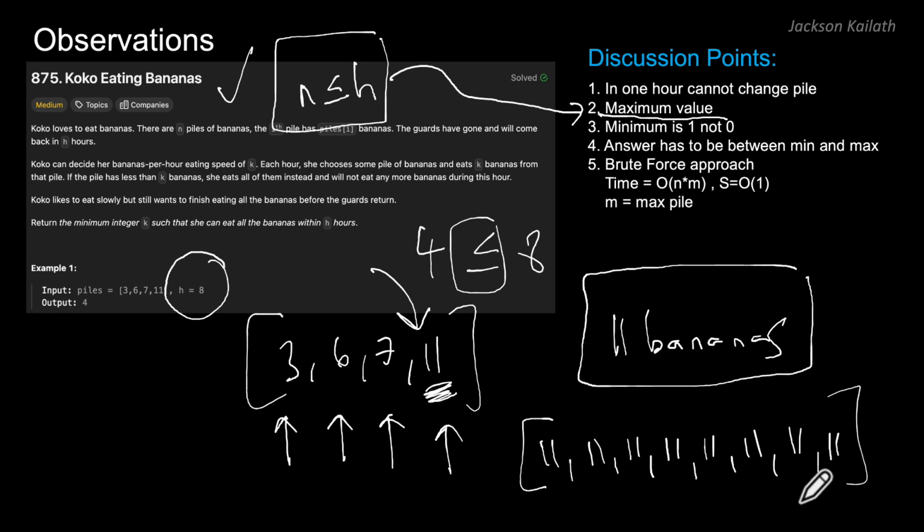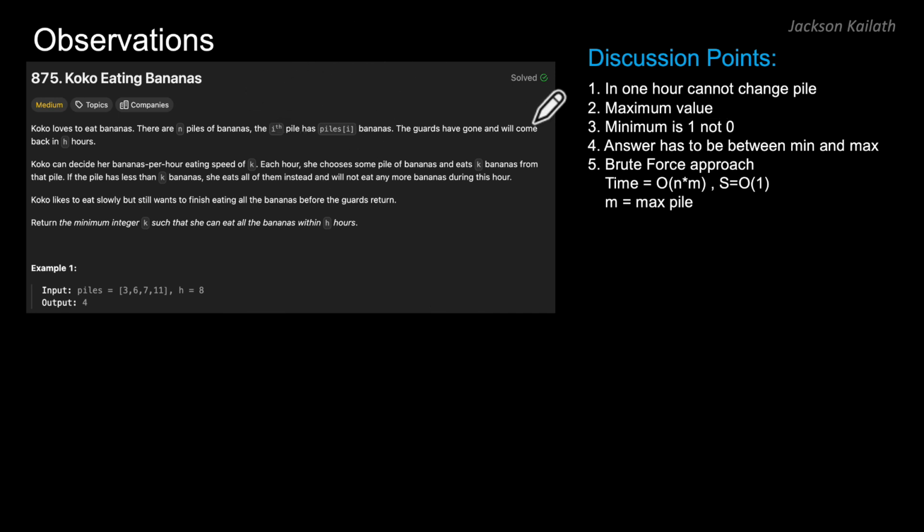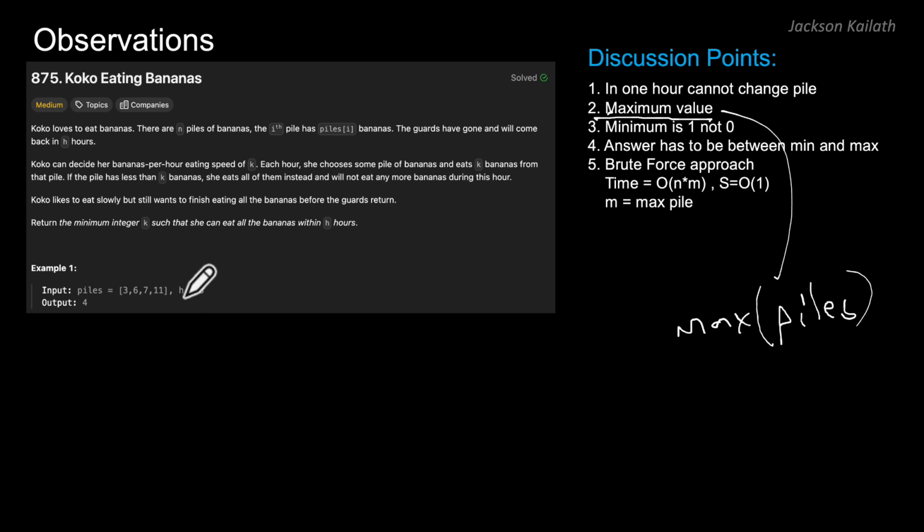Even in this case, she would complete all the bananas if she eats 11 bananas per hour. Okay, so this is the maximum, keeping the maximum value as 11. This array over here cannot have a size greater than 8 because n has to be less than or equal to h. So what you've seen over here is that the maximum speed at which she would have to eat bananas is max of piles. Okay, the maximum value in the piles array which is given to us.